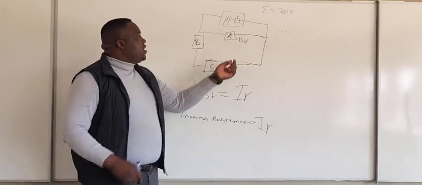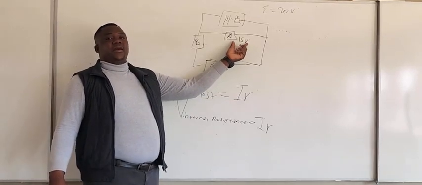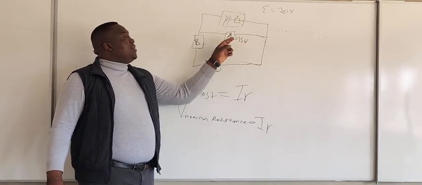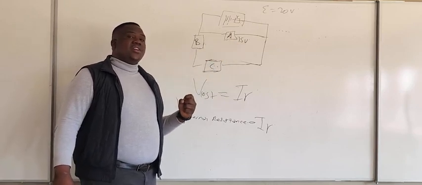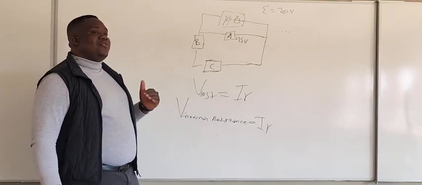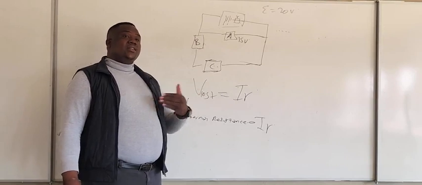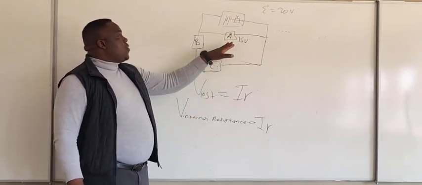A records how much? 15 volts. And you can see that A is the external resistor. What does that mean? It means the voltage that is here. Remember parallel connection, it means that the resistors have got equal voltage under parallel. If you don't know that, check lesson number 1 and 2 for this section.